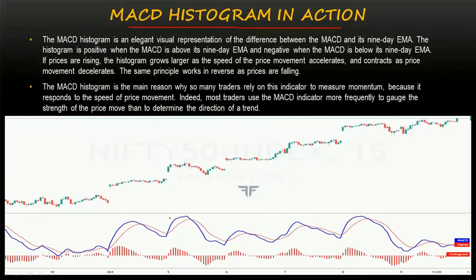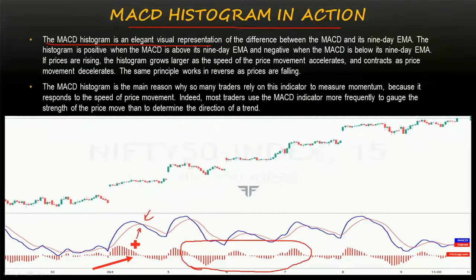MACD also contains a histogram, which is one of the most popular and widely used signals and trading setups with MACD. The MACD histogram is an elegant visual representation of the difference between the MACD and its 9-day exponential moving average.